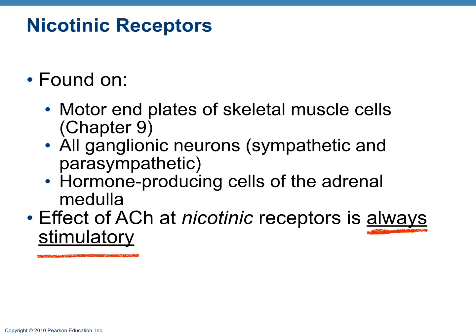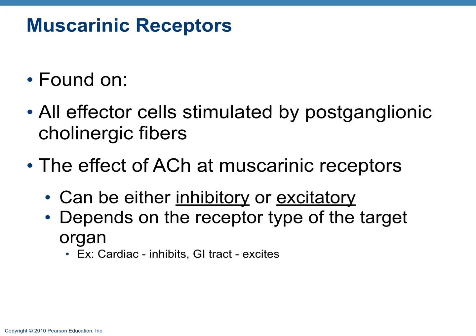If we go back to the picture, we can see all of those. The effect of acetylcholine at nicotinic receptors is always stimulatory. Muscarinic receptors: all the effector cells stimulated by postganglionic cholinergic fibers are going to have these muscarinic receptors, okay?